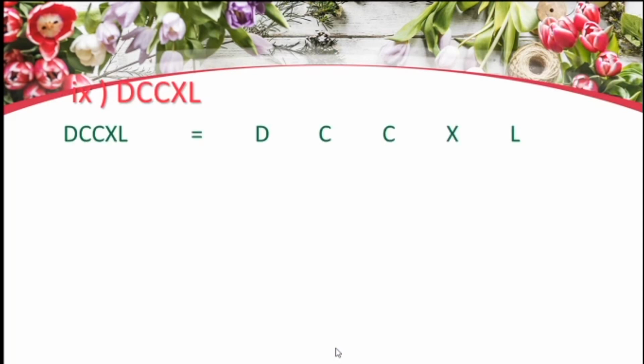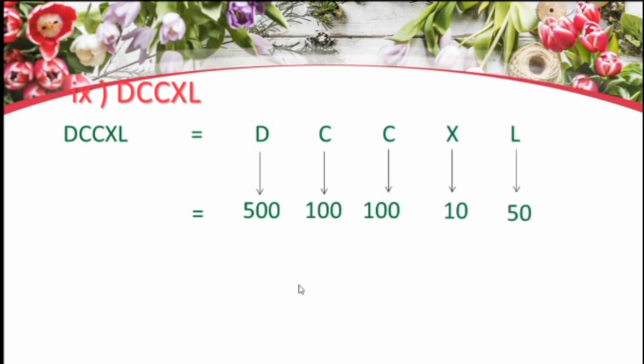So the last sum, DCCXL. So D for 500, C for 100, X for 10, L for 50. Here the first 3 numbers will be added, the last 2 numbers will be subtracted, because the smaller number is next to the larger number.